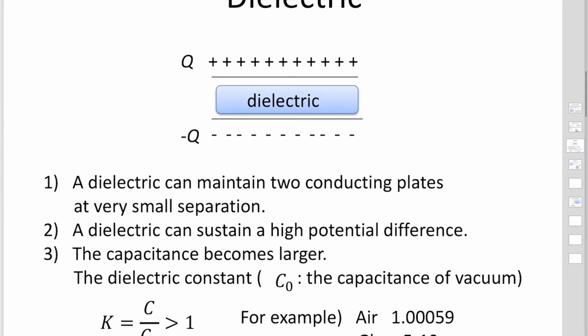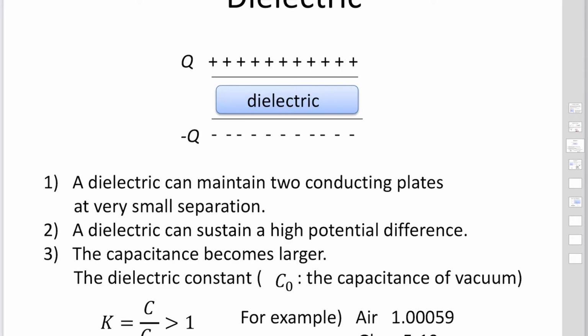So the dielectric can maintain two conducting plates at very small separations. The Coulomb attractive force acts between the two plates, so we need some material to keep the two conducting plates away from each other. A dielectric works well to separate the two conducting plates.